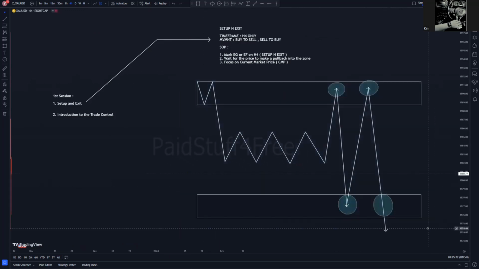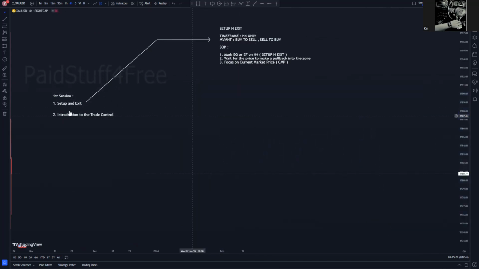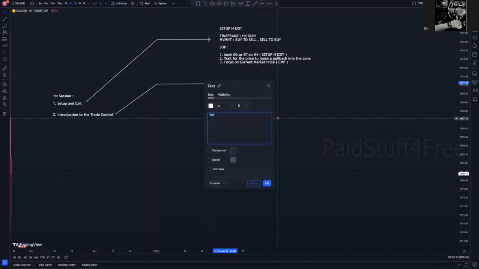Because we're already done with the first topic, we are going to go to the next topic, which is the introduction to the trade control, or we can call it TC.